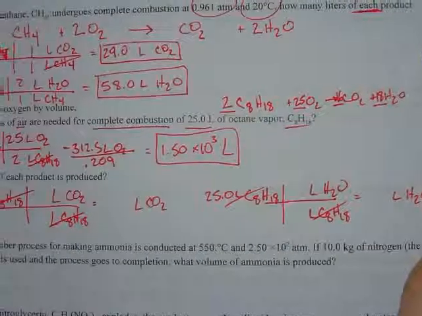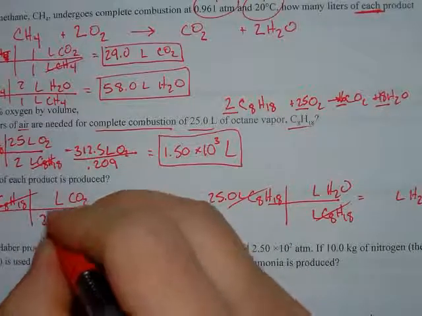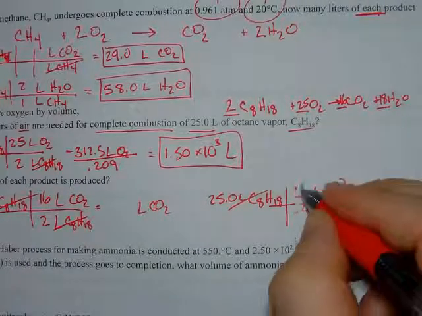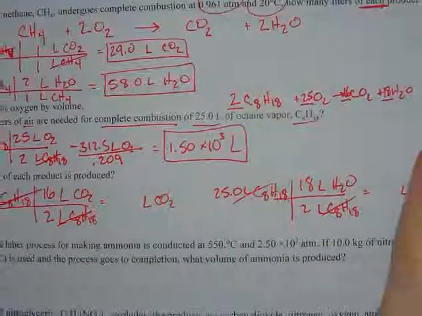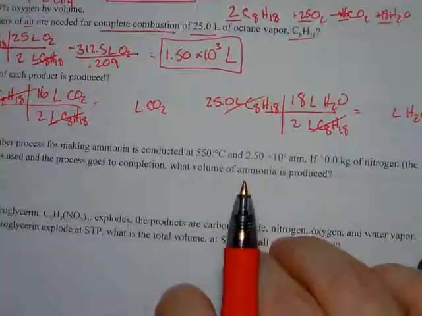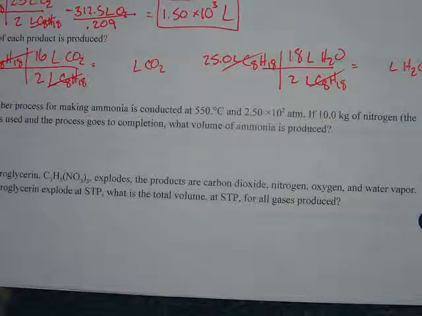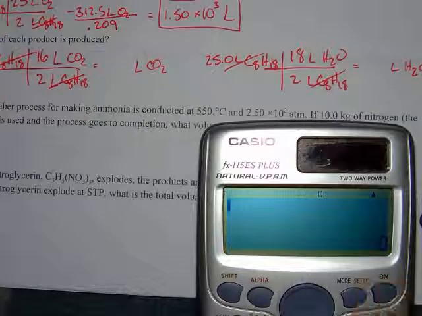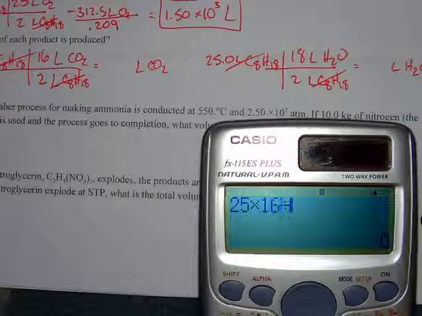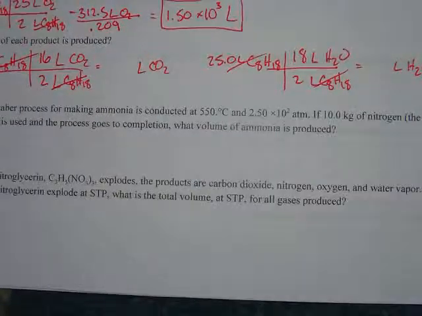Plug in the numbers from my balanced chemical equation. Ratio is 2 to 16, 2 to 18. Ready to calculate. So 200.